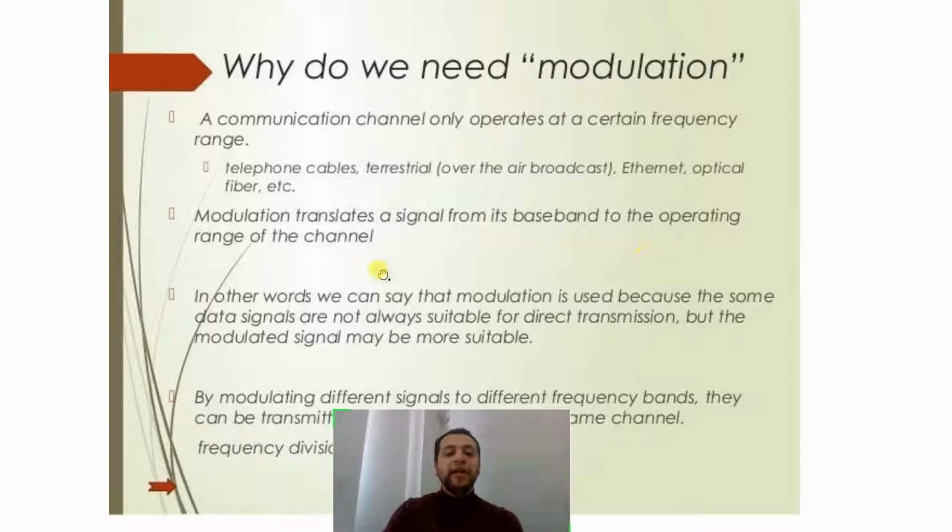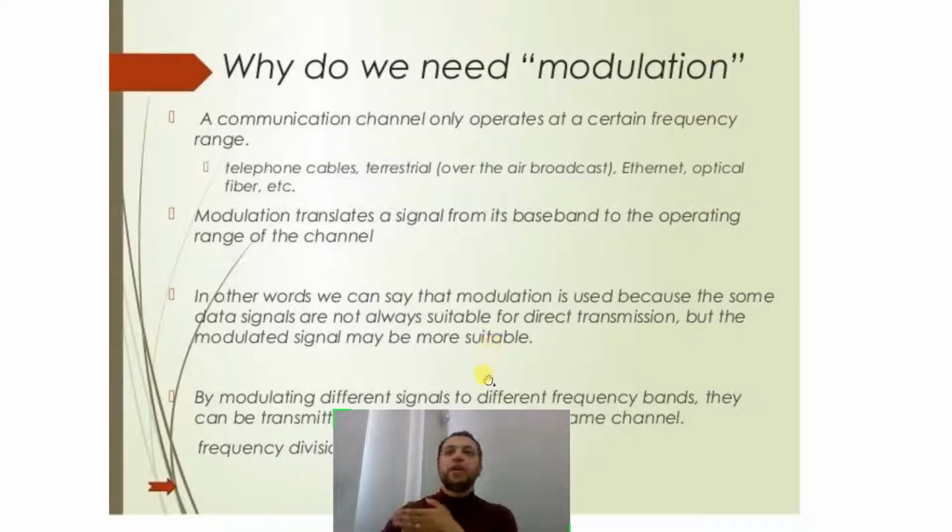Modulation basically translates a signal from its baseband to the operating range of the channel. You have to be within the operating range so that you can transmit and receive your data successfully. In other words, we can say that modulation is used because the same data signals are not always suitable for direct transmission.